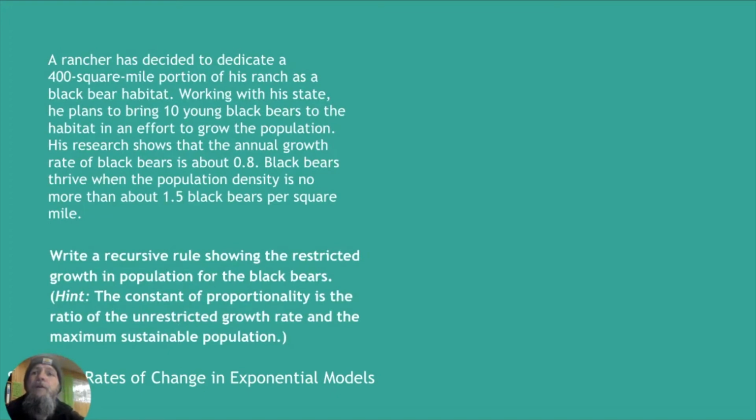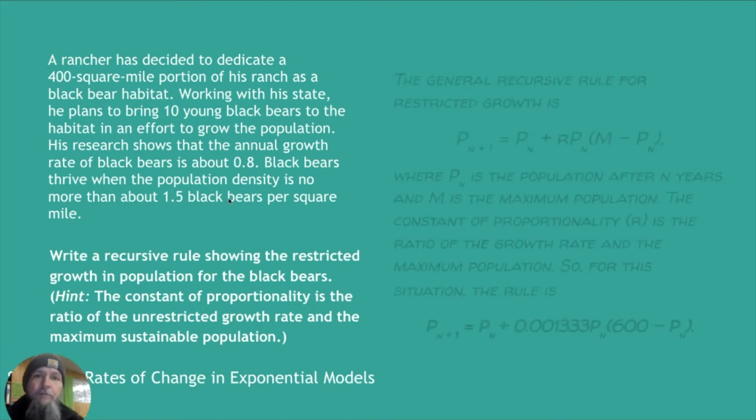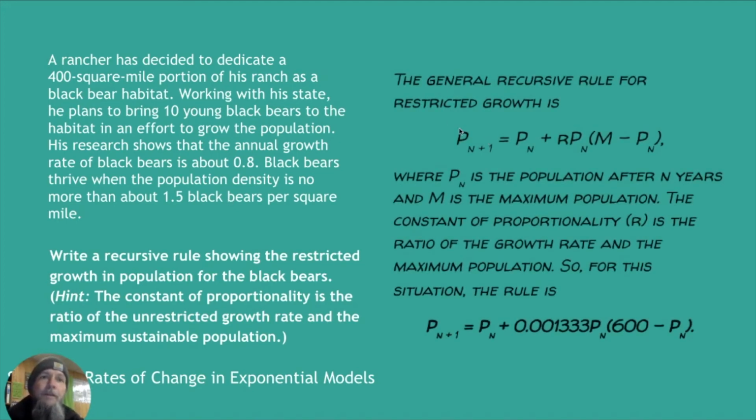So write a recursive rule showing the restricted growth in population for the black bears. Now, the constant of proportionality is a ratio of the unrestricted growth rate and the maximum sustainable population. So this is the recursive rule of restricted growth.